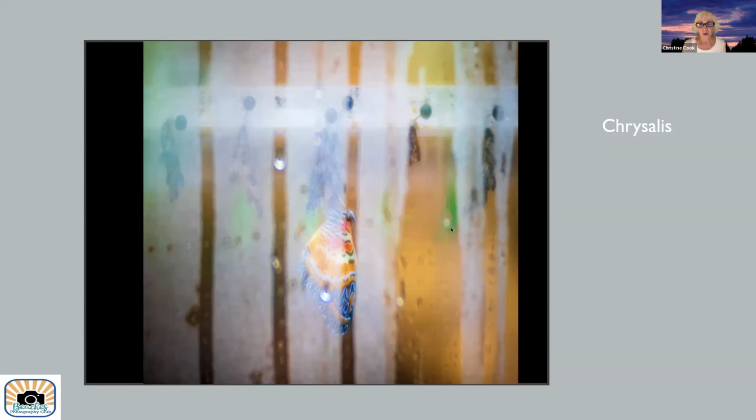I'm not really sure what this is, and it looks like it's looking through a window, and there's all these little spots of bokeh, which are interesting. I think if the butterfly were framed by one of them, like perhaps in this section, it might have been more supportive to the actual subject, which is the butterfly.